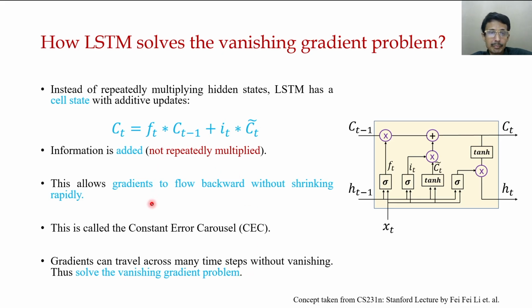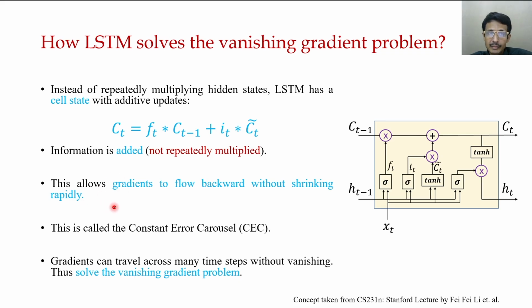That is the major understanding of LSTM, where LSTM is very, very useful, because we have to understand this cell state concept. It is not multiplied many times, rather it is added. So the gradient flows backward without shrinking.